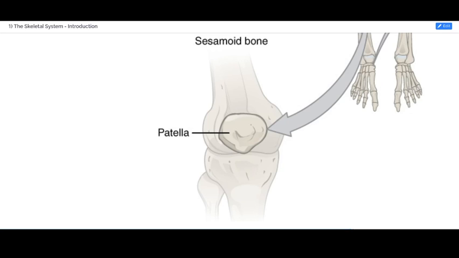Other people will have sesamoid bones in other places, it's just they're not common for everybody. There's a tendency for sesamoid bones to develop around certain bones of the toes or the fingers as the tendons that move across those bones get stimulated or irritated and they start to calcify. The patella is the only one that's common for everybody.